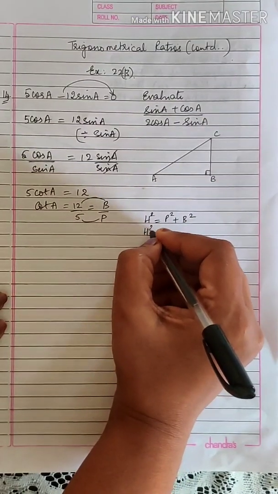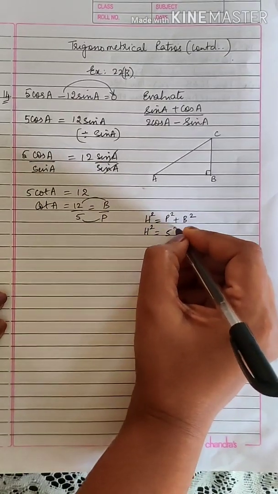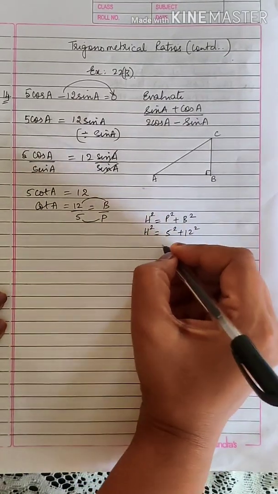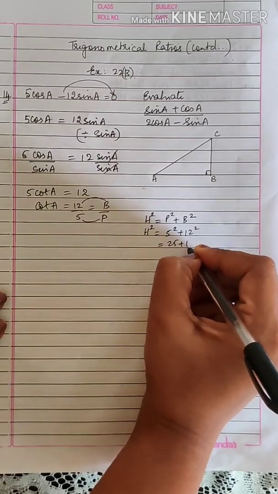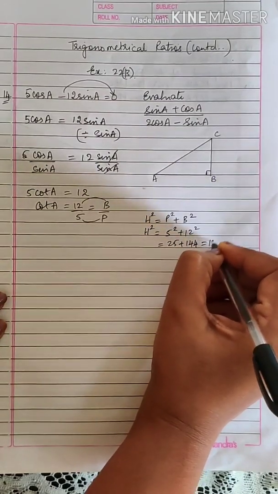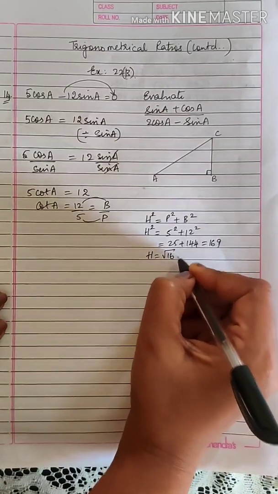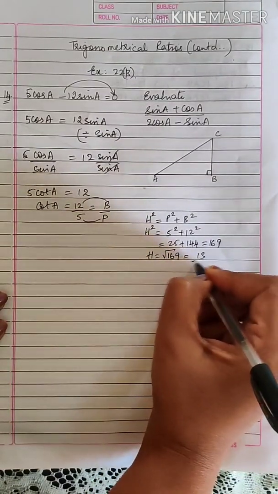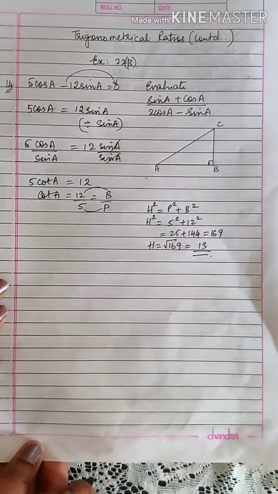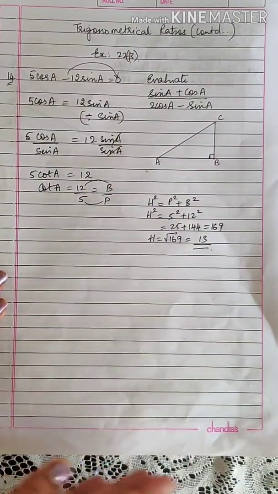So here h square will be equal to 5 square plus 12 square, which is equal to 25 plus 144, which is 169. So h will be equal to root over of 169, which is equal to 13. So here you got the hypotenuse as 13.